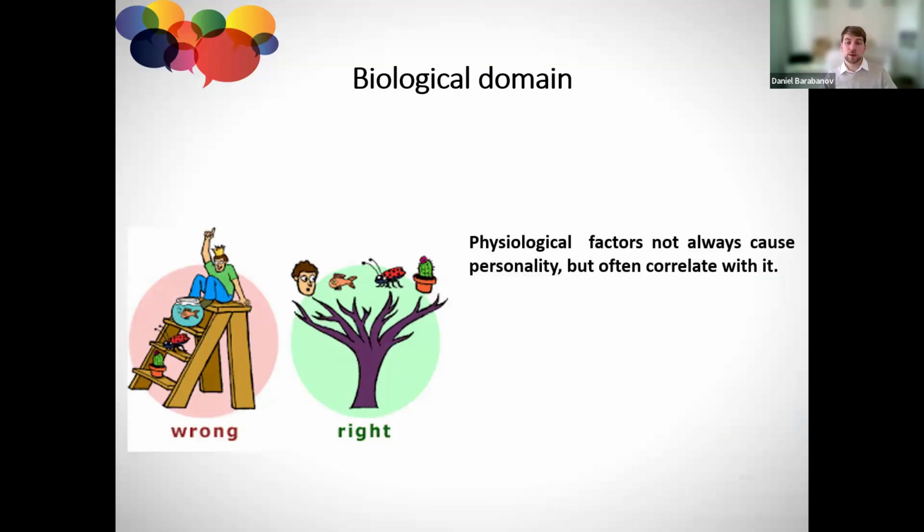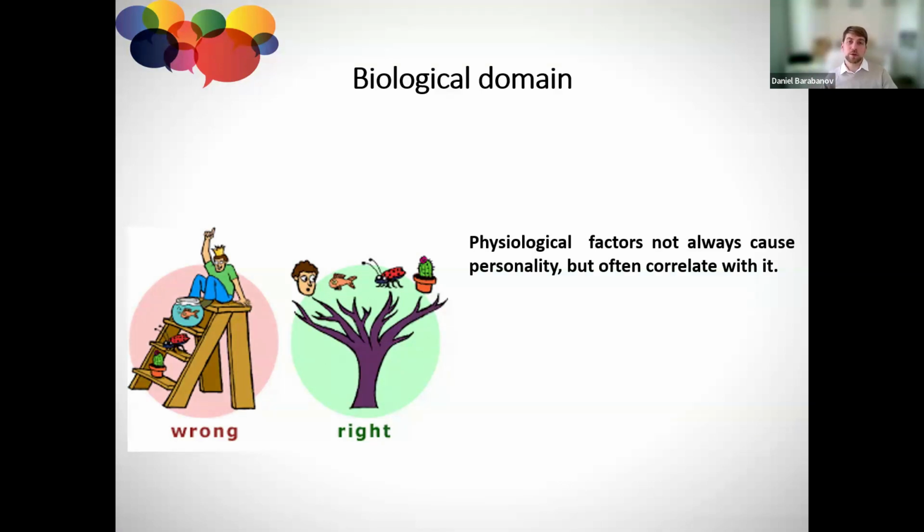Physiological factors do not always cause personality differences, but often correlate with them. So they should be considered not always as a cause behind some psychological effects, but rather as a different language to describe what is happening.